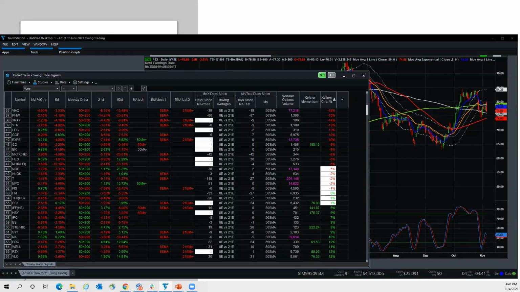The indicator should still work. What I'd recommend you do is load the indicators and then take a screenshot of this webinar, and then you can basically build it yourself. The indicators should work on your older install of TradeStation, but the workspace itself will not.